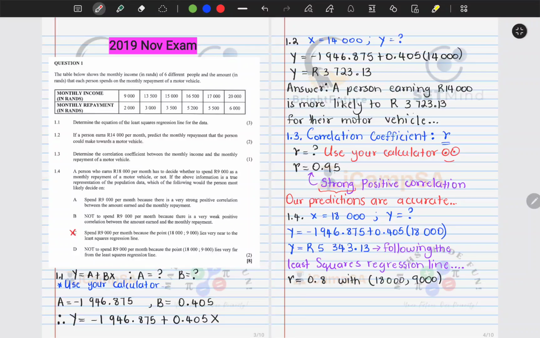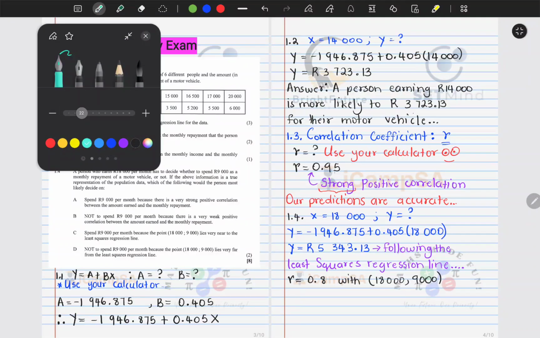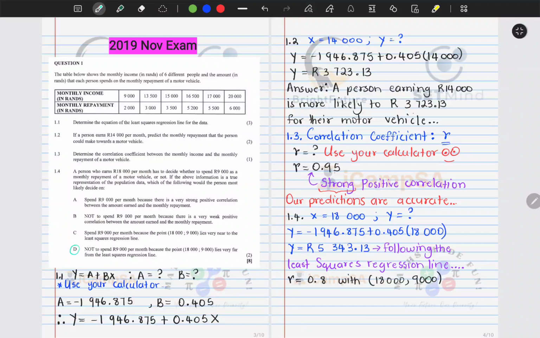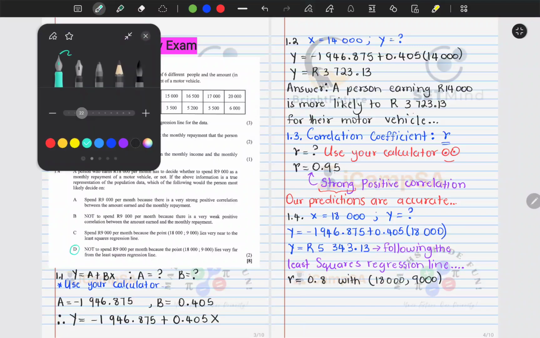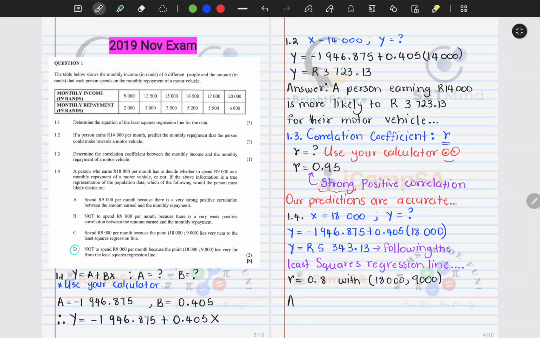Not spend 9,000 because this point lies very far from the least squares regression. So what I would take would be this here, because 0.8 is not weak. Okay, but definitely the point influences our correlation coefficient. It's a bit far from 5,000. So what I would put up here as an answer is D.